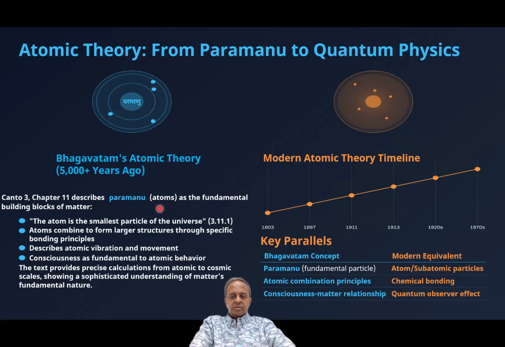Probably the physicists, the chemistry and the engineering folks can relate to that in modern science. This isn't vague philosophical speculation. The text provides detailed descriptions of atomic combinations, the forces that hold atoms together, and the mathematical relationship governing atomic interactions.